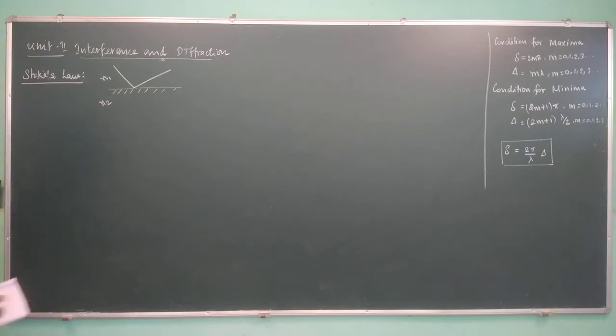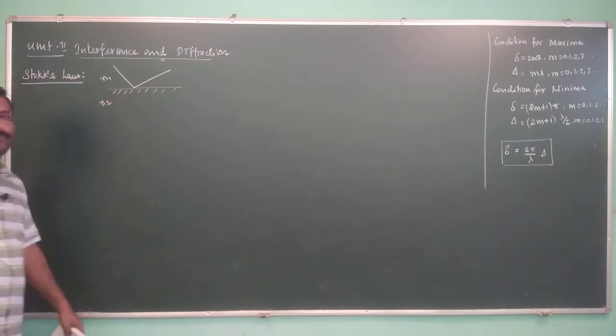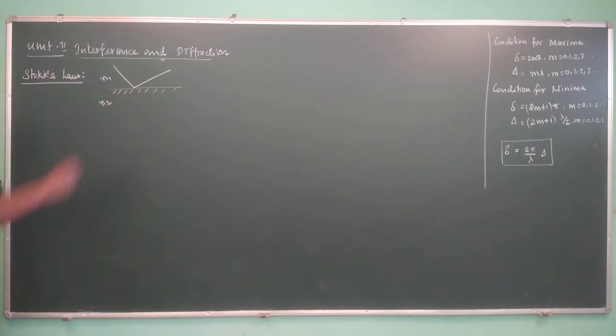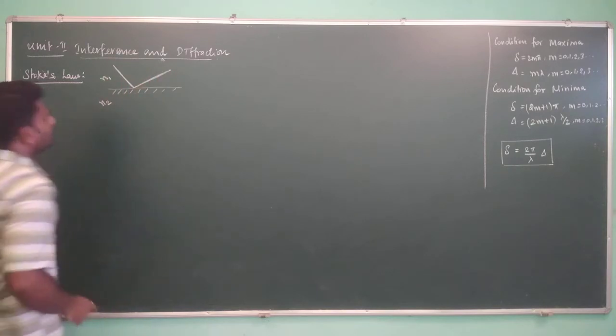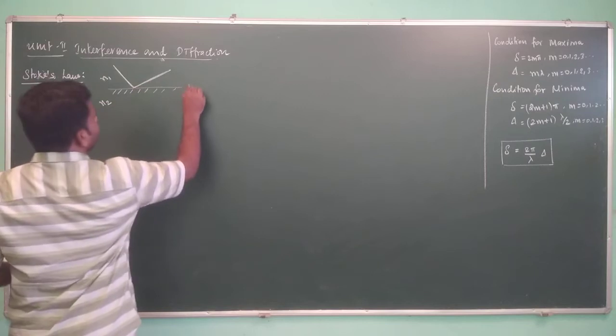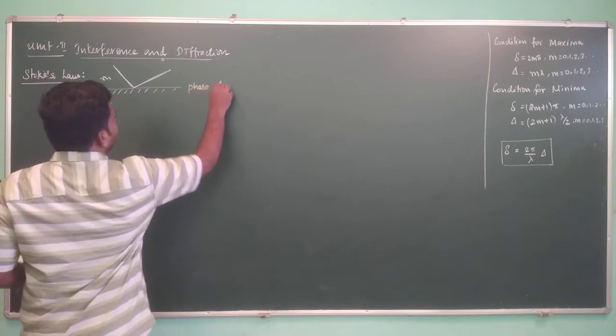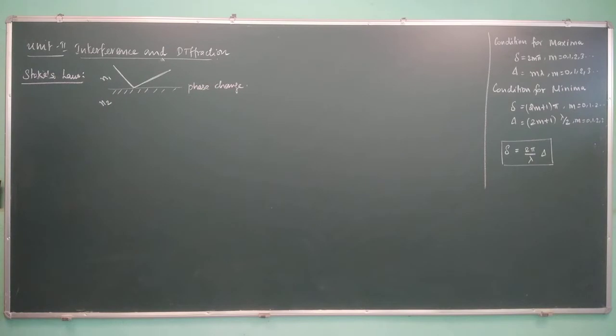Now, based on the refractive index of the interacting medium, the incident light, when it is getting reflected, will have some phase change. This phase change is given by Stokes' law.